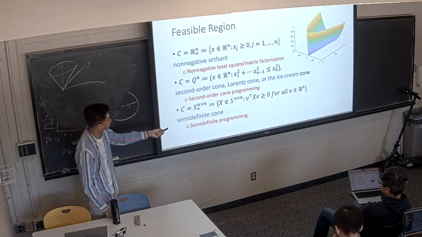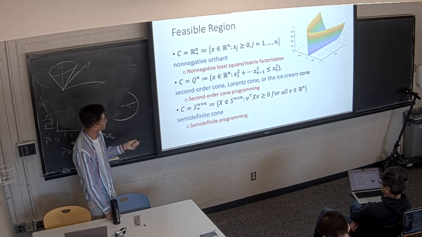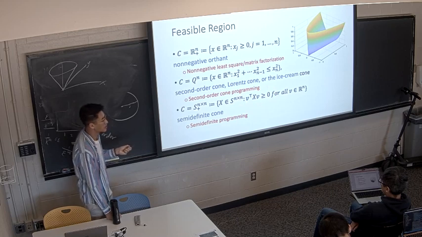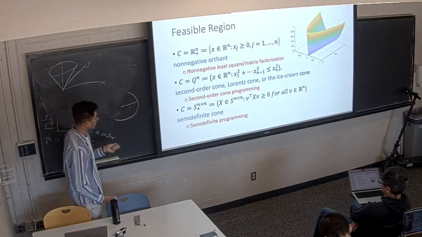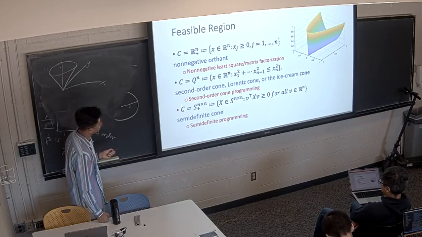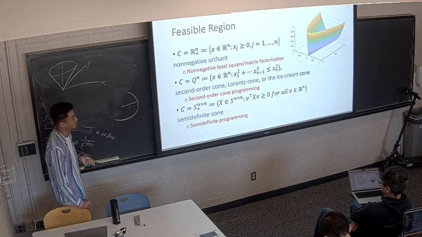Here S^n denotes the set of n by n symmetric matrices. And C is the matrices that are also positive semi-definite. So this is another example of C, but for matrices. A typical example of this is in semi-definite programming, and C here is also called the semi-definite cone.